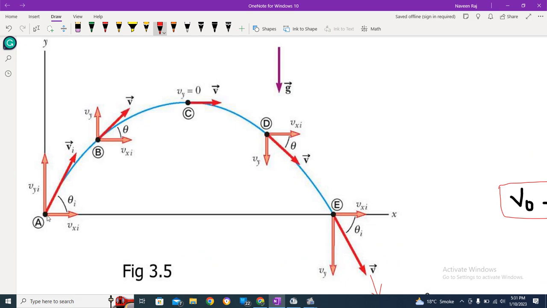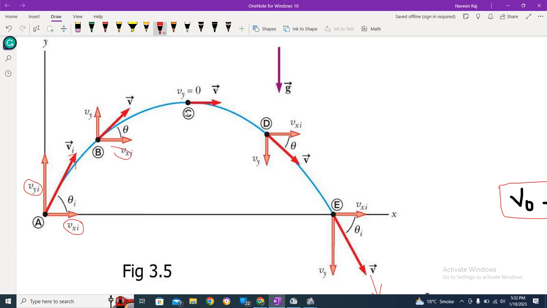This was the ball, and now v naught x is this, and v naught y is this. You can see that this is in this direction, and this gets resolved again.